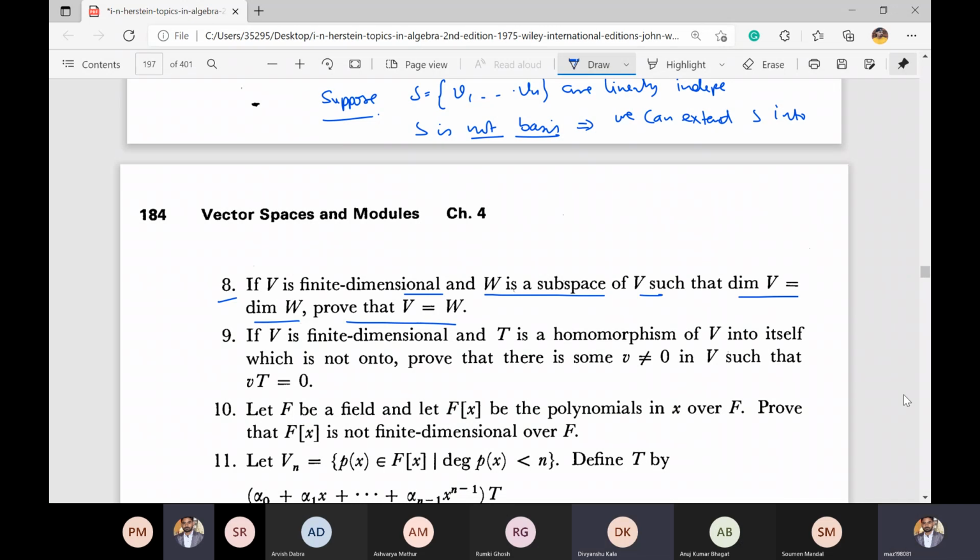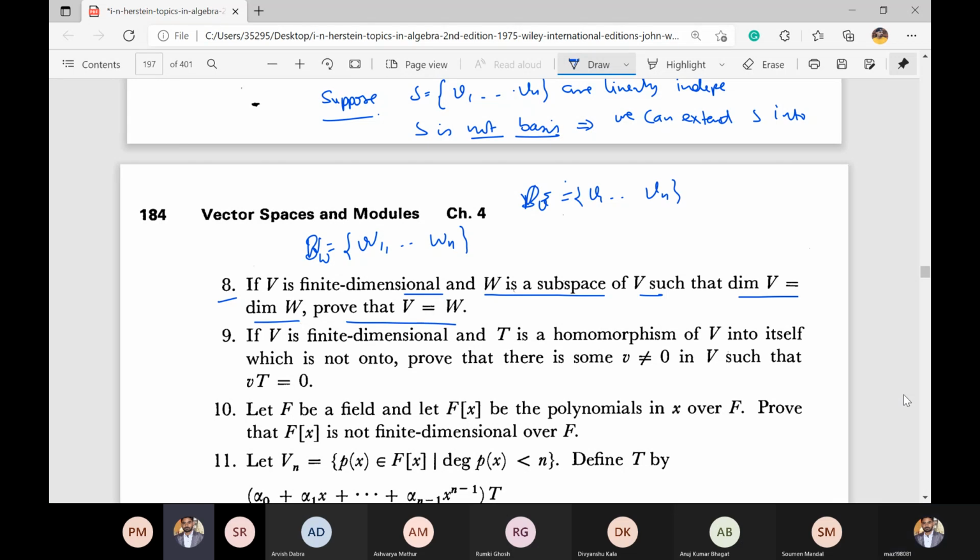How will you write it? Just give it completely. W has a basis of n elements, and the elements are in V. Let's say the basis of W is V1 to Vn.